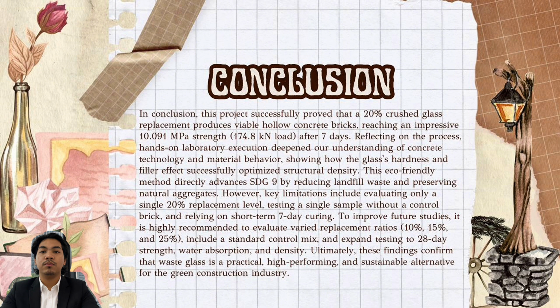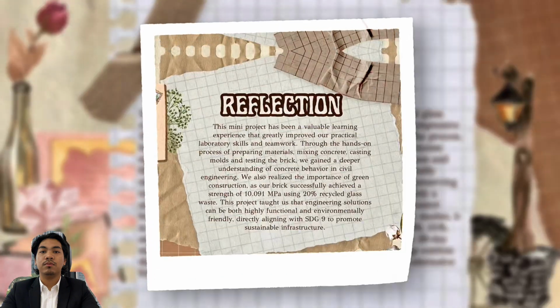To improve future study, it is recommended to evaluate varied replacement ratios of 10%, 5% and 25%, include a standard control mix, and expand testing to 28-day strength, water absorption and density. Ultimately, this finding confirmed that glass is a practical, high-performing and sustainable alternative for the green construction industry.